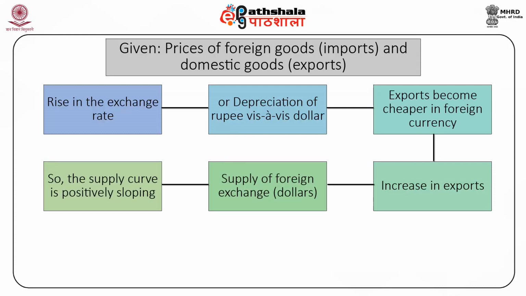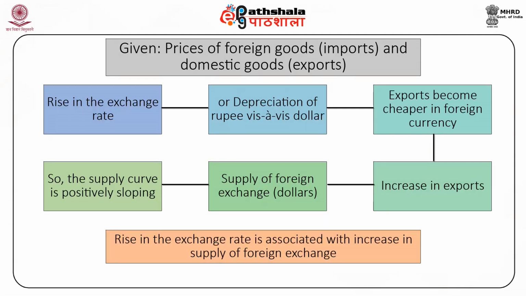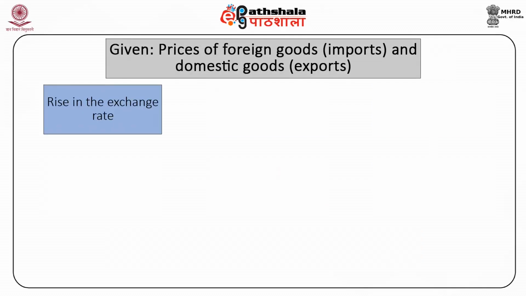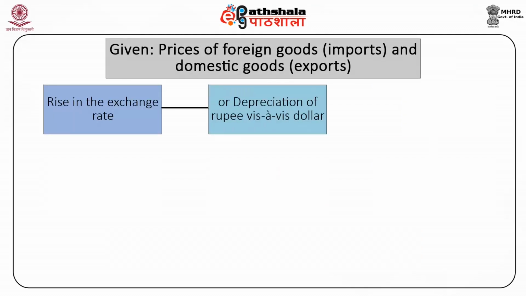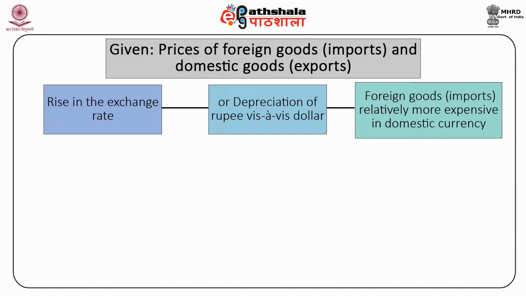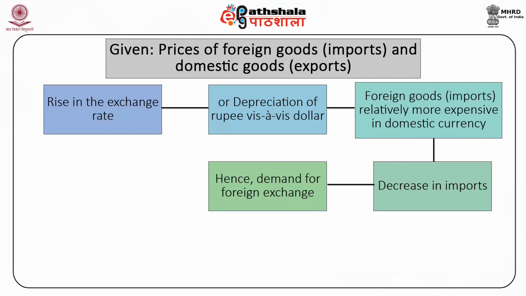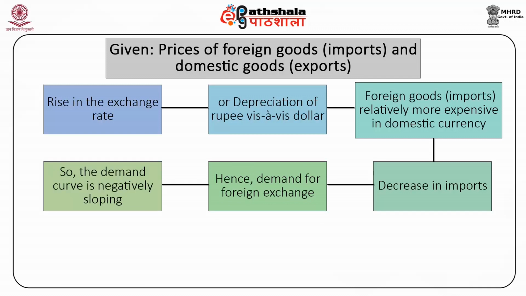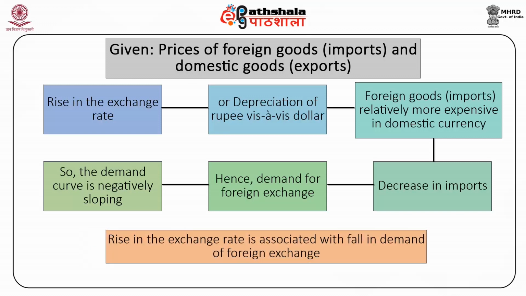So, the supply curve is positively sloping as a rise in the exchange rate is associated with an increase in supply of foreign exchange. A rise in the exchange rate, depreciation of rupee vis-a-vis dollar, makes foreign goods, imports, relatively more expensive in domestic currency and reduces demand for imports and hence the demand for foreign exchange. So, the demand for foreign exchange is downward sloping as a rise in exchange rate is associated with a fall in demand for foreign exchange.